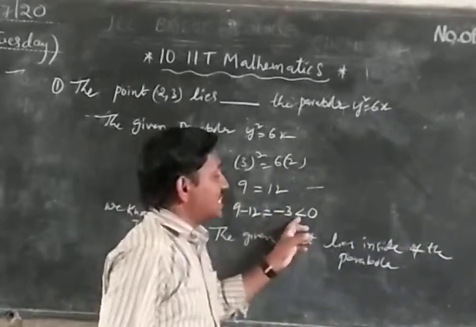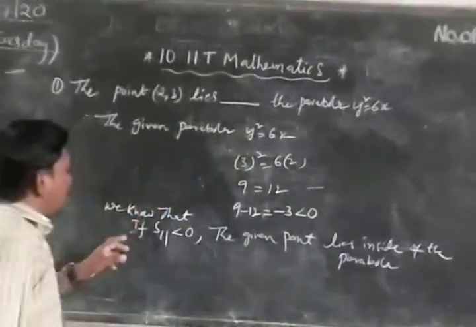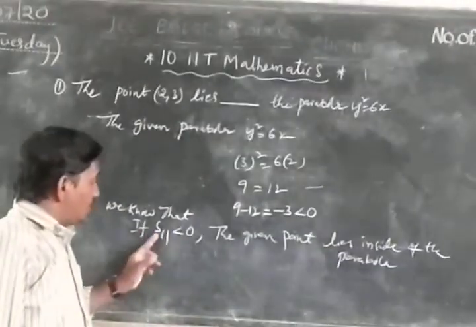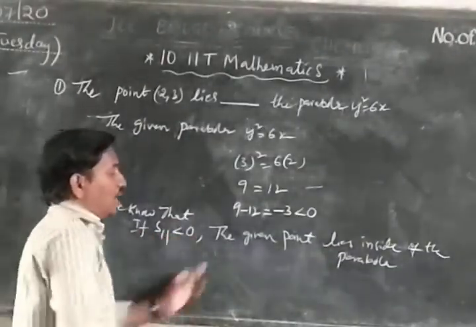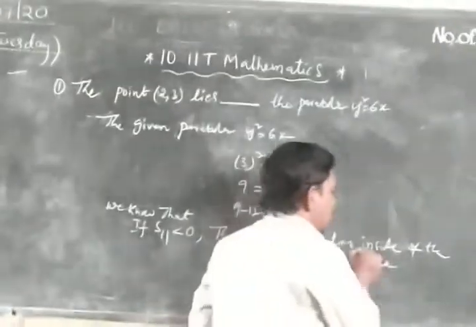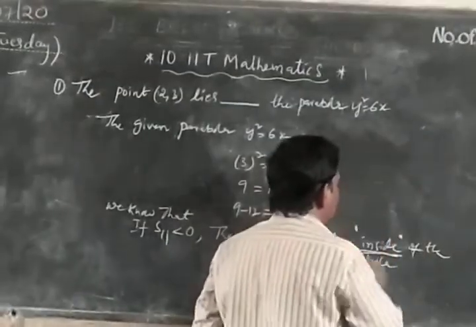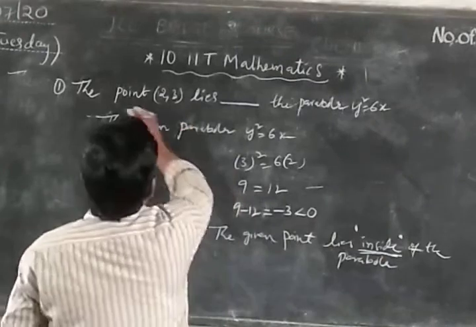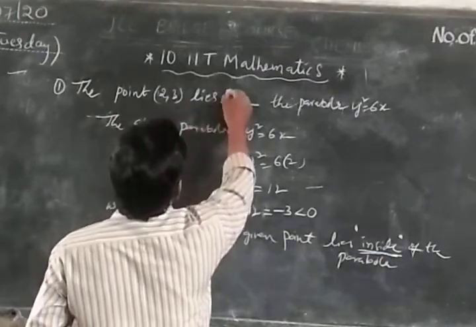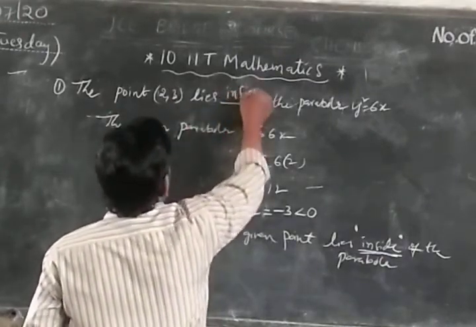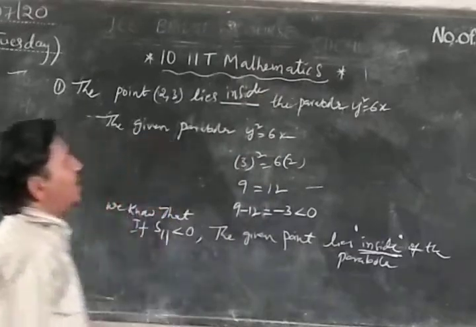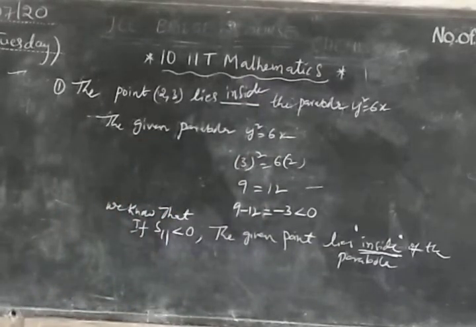So minus 3 is less than 0. We know that if S11 is less than 0, the given point lies inside the parabola. So the point 2 comma 3 lies inside the parabola. That is the question.